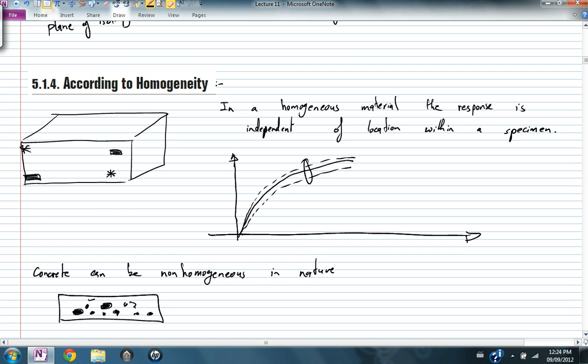So if you pick a small specimen close to the aggregate, you might get a very strong or very stiff response. Maybe in the cement area you might not get the same response. But in general, because our specimens are usually large enough to include all the different constituents, we still consider that the behavior, practically speaking, is homogeneous.